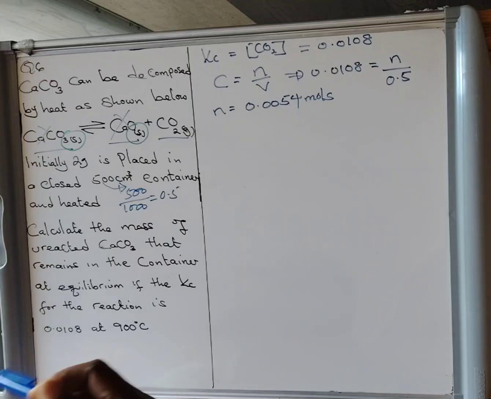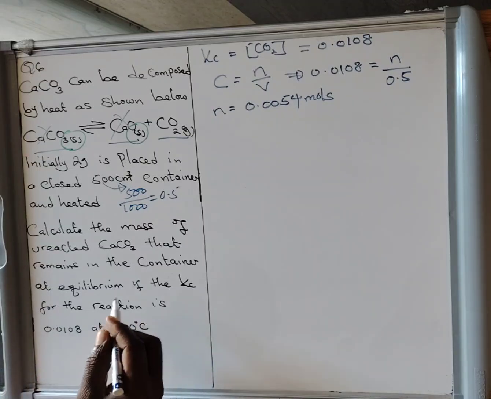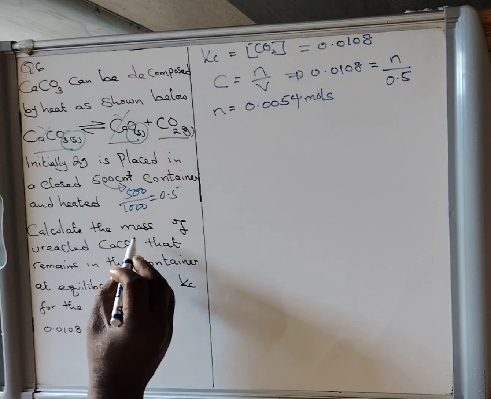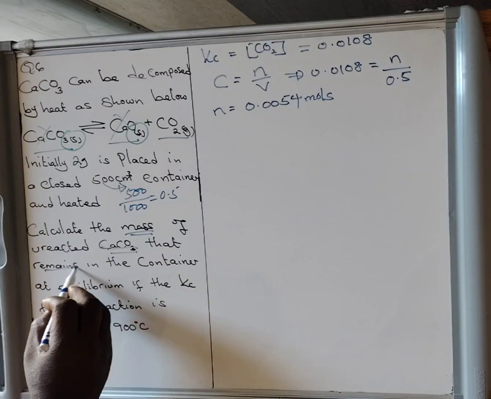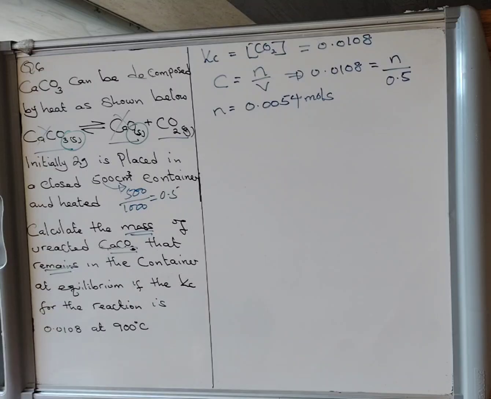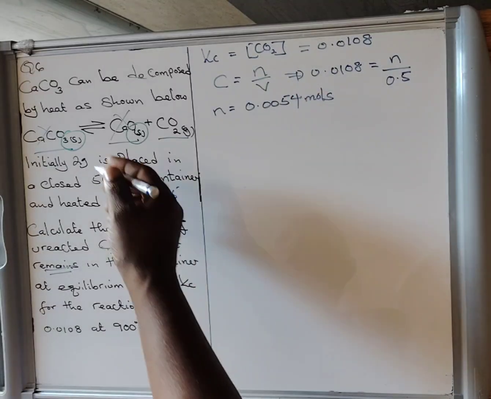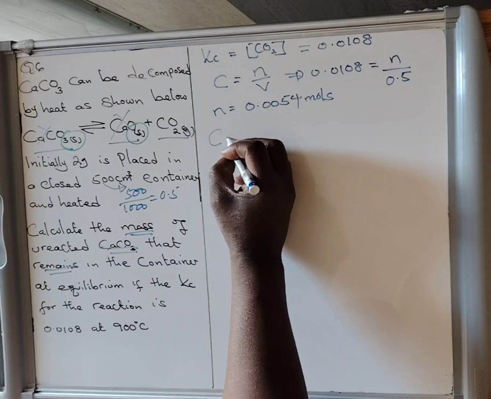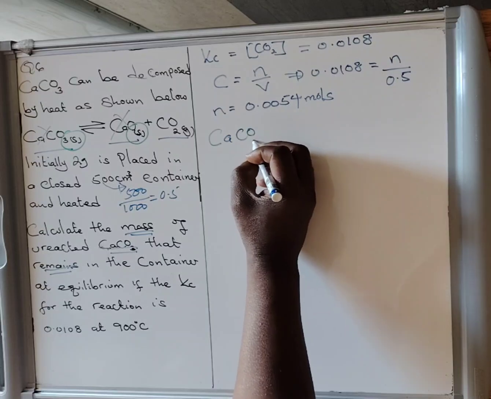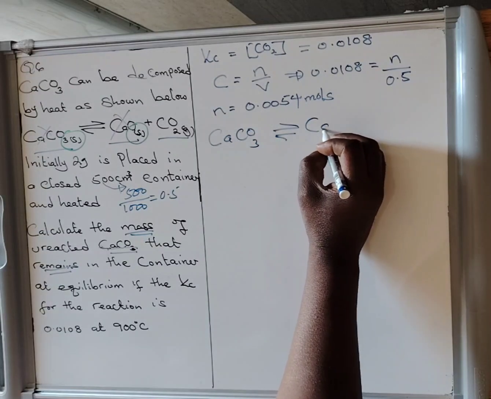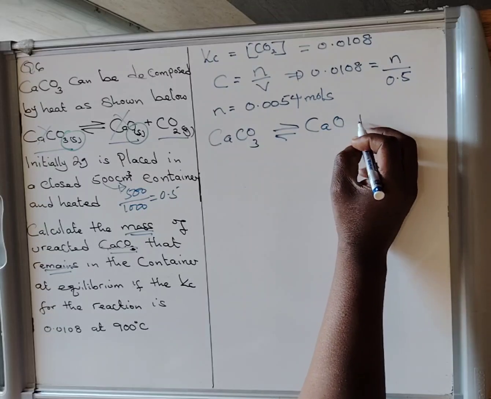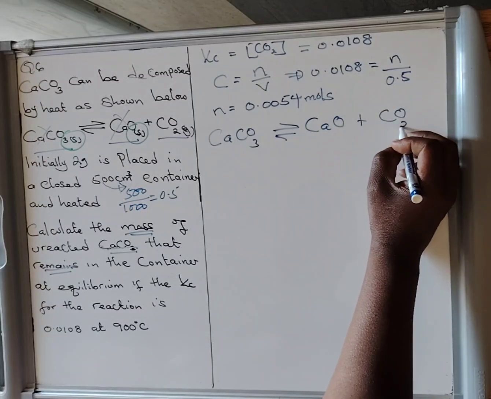Remember, we have to go back to the question and ask, what are we calculating? We are calculating the mass of calcium carbonate that remains in the container. So we come up with our equation. It's calcium carbonate decomposing into calcium oxide plus carbon dioxide.